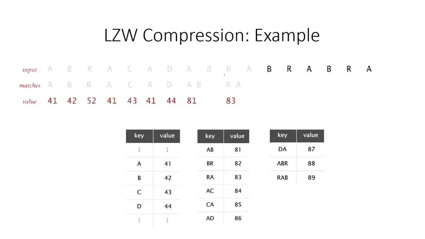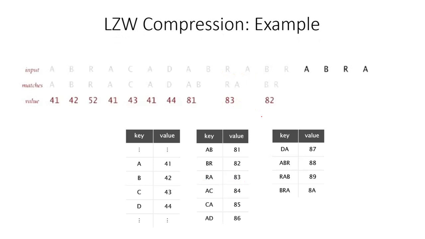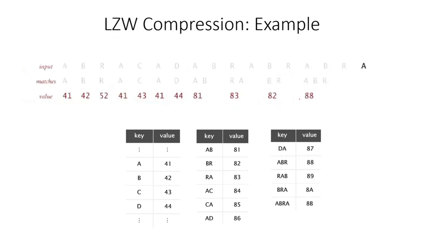Then we have the R, and if we check the next letter after the R, we see that it's A. Actually, we have already covered this prefix RA, and it has a value of 83. Then BR, it has a value of 82.